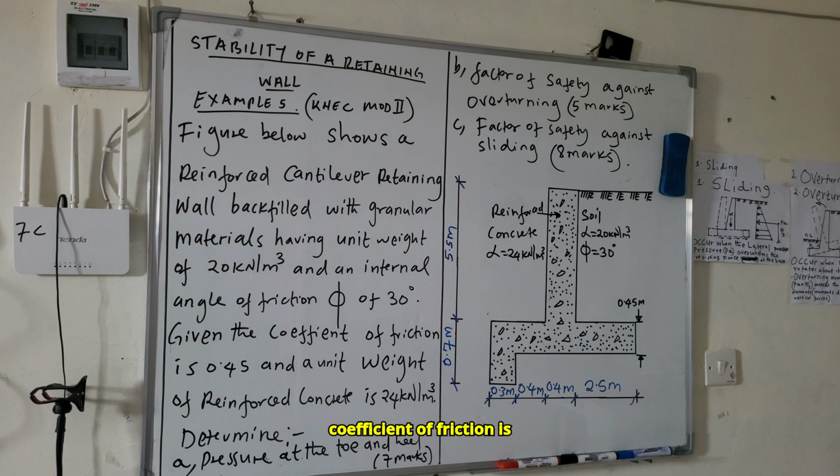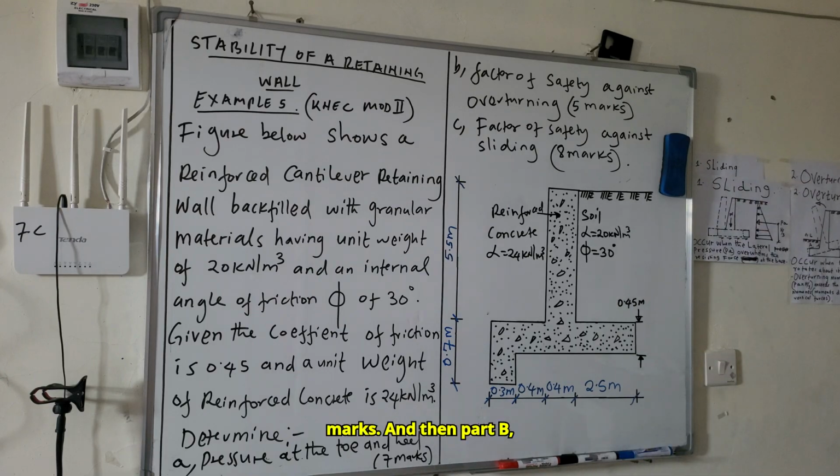Given the coefficient of friction is 0.45 and a unit weight of reinforced concrete is 24 kilonewton per meter cubic, determine part A, pressure at the toe and the heel.